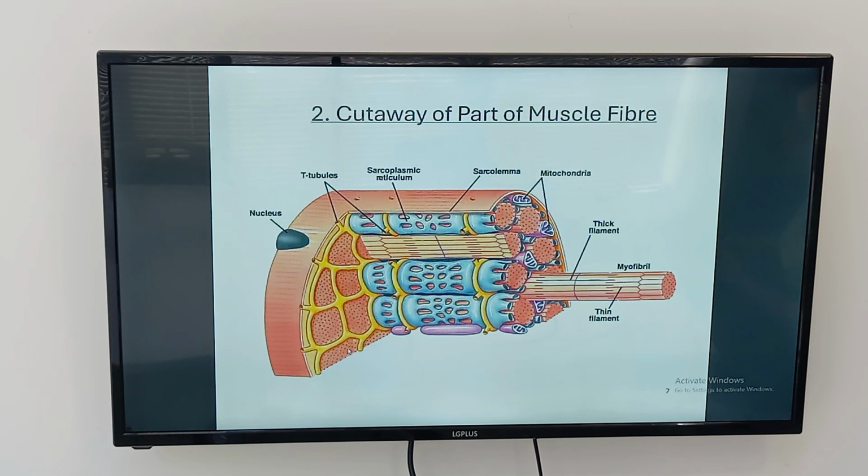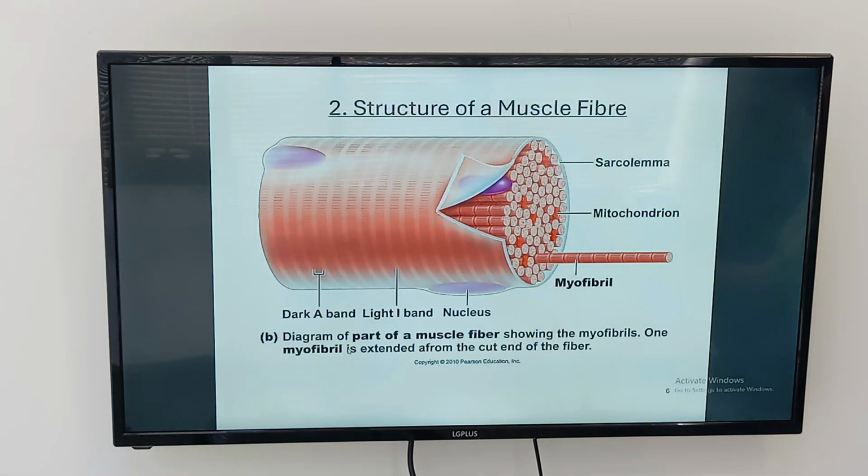As you can see here, we have the cutaway part of the muscle fiber. We said that each muscle fiber consists of fibrils, myofibrils.